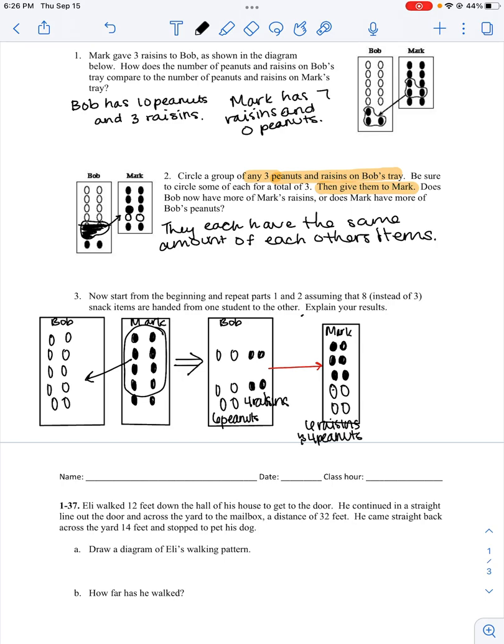I need to explain my results. My results are that they still get the same amount of each other's snack items.